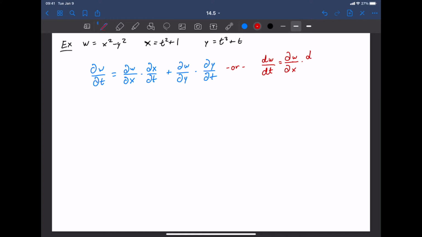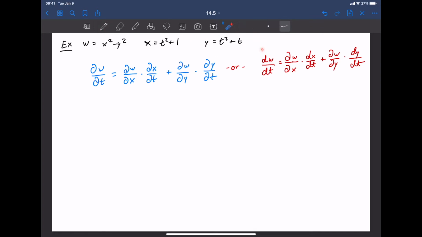the normal letter, dx dt, plus, again, a partial w with respect to y, because that kind of w, we're thinking of it as having two letters, one of which is y, times dy dt. Back to normal letters, no partials, because y is a function of just the one variable.